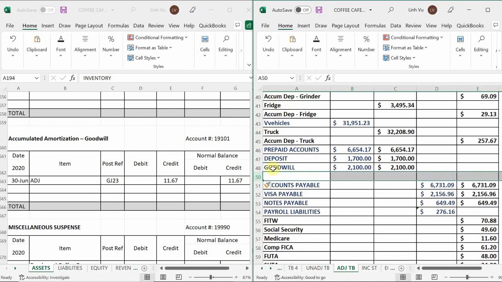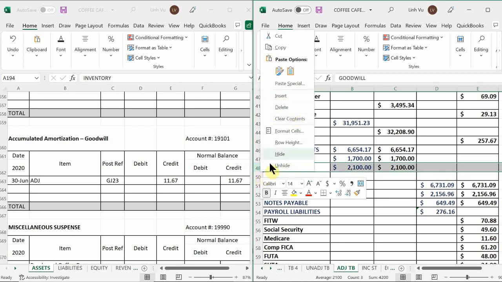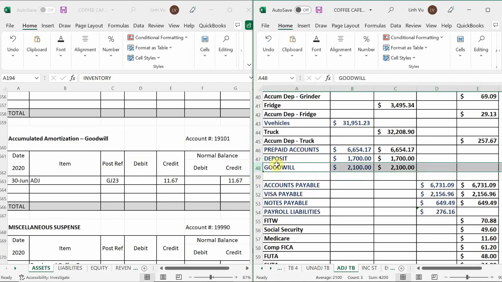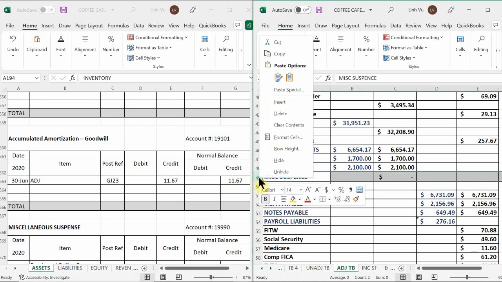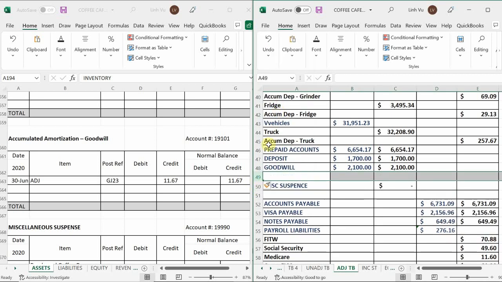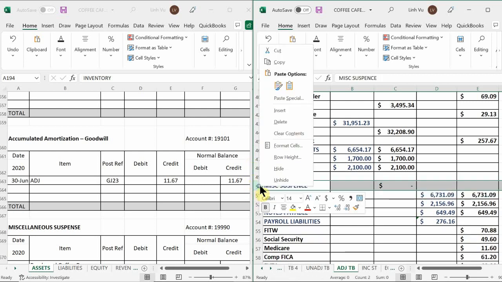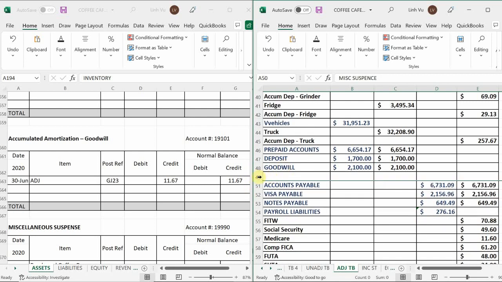As you can see, there's actually an account here that we hid, the miscellaneous expense. I don't want it under miscellaneous. I want it under Goodwill. So I can delete this row right here, and I can hide this account.